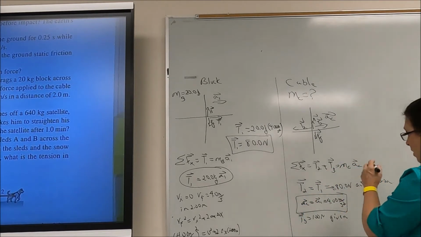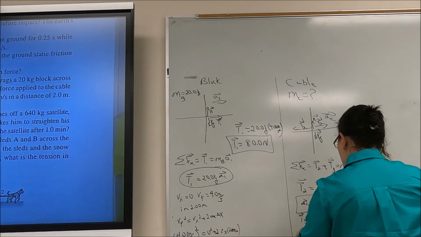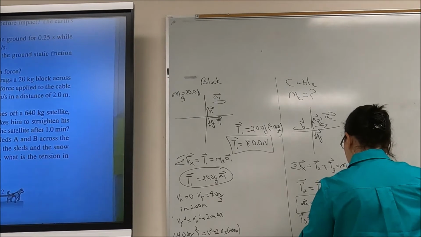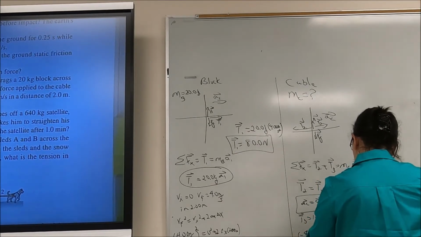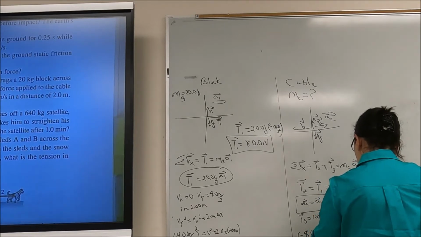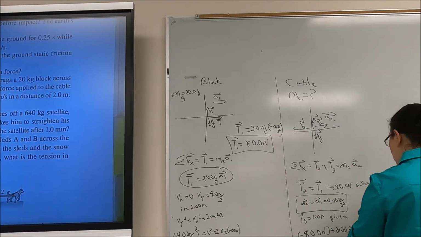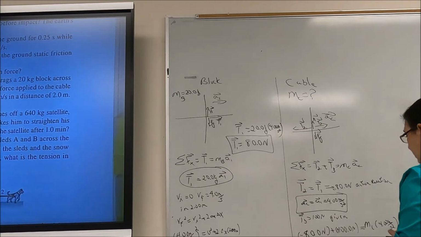That was a given. So if I plug those in, I have negative 80 newtons plus positive 100 newtons equals the mass of the cable times 4 meters per second squared.